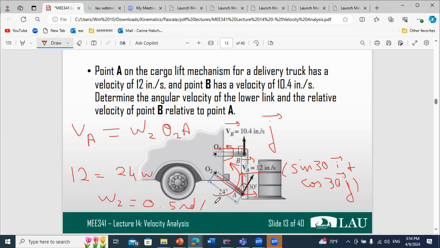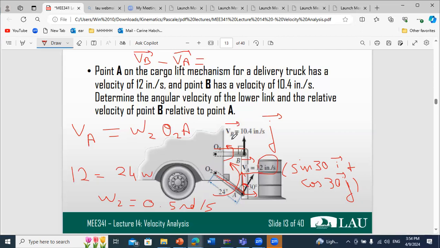Now, since we need to get the velocity of B relative to A, we need to do VB vector minus VA vector. And we know about vector VA, the angle it's making with the vertical, which is 30 degrees, and the magnitude. So we can write it as 12 times sine 30 in I plus cosine 30 in J. And now when we do the subtraction of the two vectors, we take the I components together.